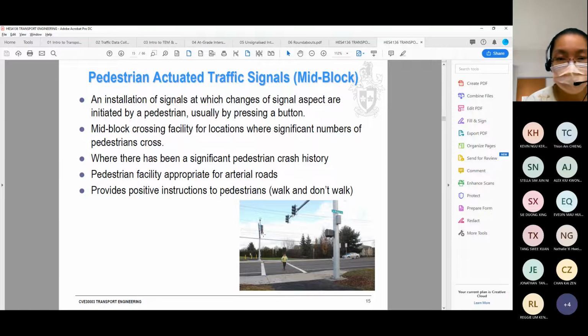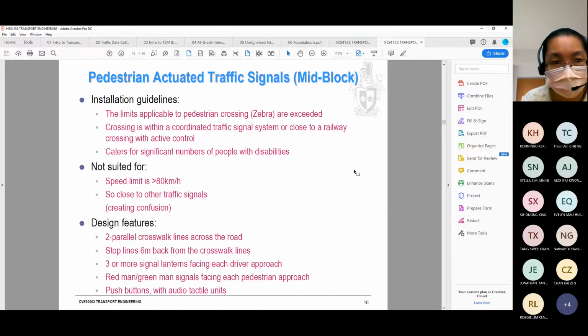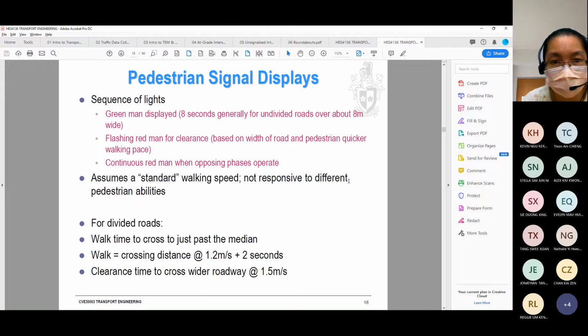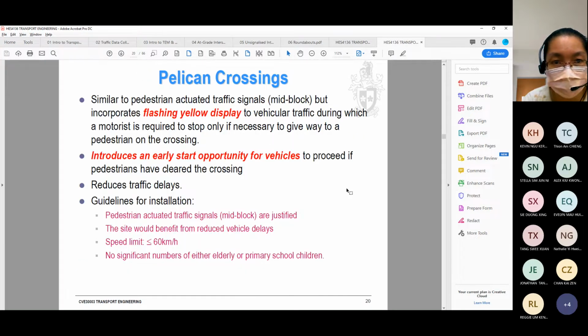Then at higher road level, road hierarchy, we have pedestrian actuated traffic signals. This is mid-block. And a modification of the pedestrian signal is pelican crossing, incorporating flashing yellow display.